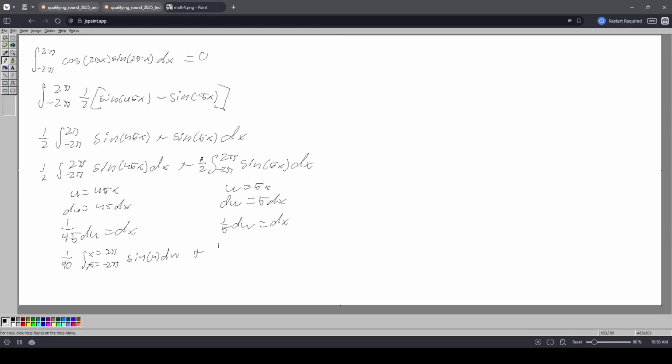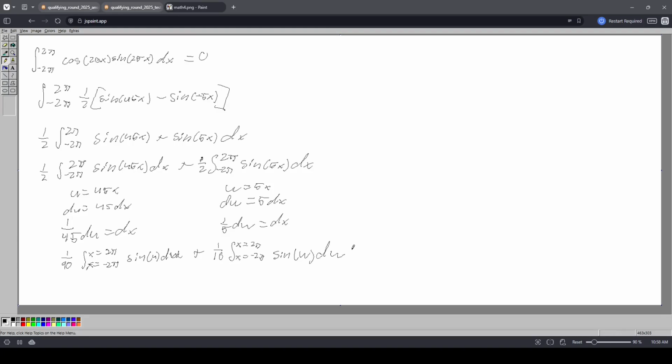Plus 1 over, that'll go with that, so 1 over 10. x equals negative 2 pi to x equals 2 pi of sine of w. Got those mixed up.